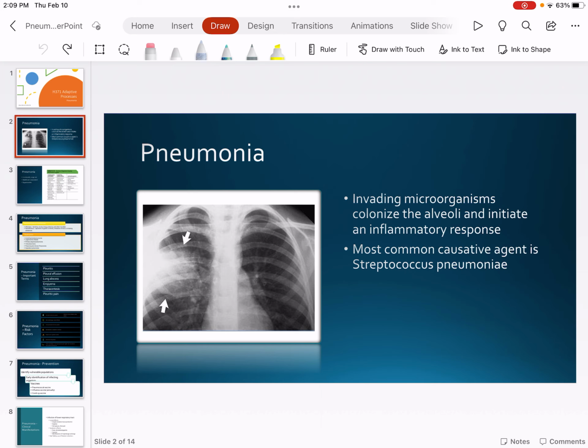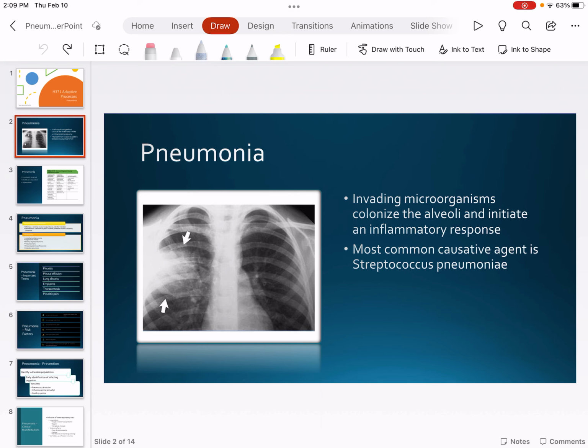So remember, those alveoli are those little air pockets that basically result in gas exchange in the lungs, where the lungs put oxygen into the bloodstream.